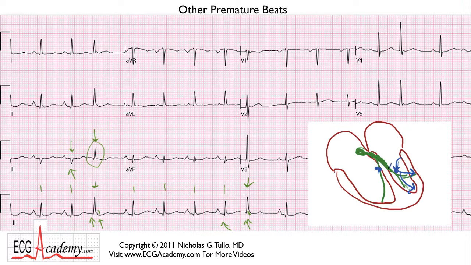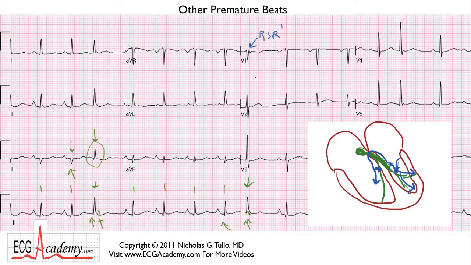But the premature beat arising from this part of the conduction system would have to go back up in a retrograde direction, reach the His bundle, and then turn around and go back down the opposite bundle. And so what happens is it gives rise, in this case, to a little R prime here. So you have like an RSR prime pattern. It's like an incomplete right bundle branch block pattern.